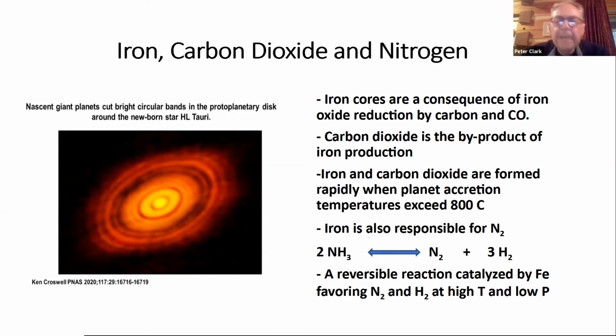The important thing about this reaction is that ammonia, its conversion to nitrogen and hydrogen, is reversible. All I have to do is change the conditions. So if I increase the pressure enormously and lower the temperature, let's say somewhere in the 200 to 500 degree range, essentially all of the nitrogen and hydrogen will exist as ammonia.